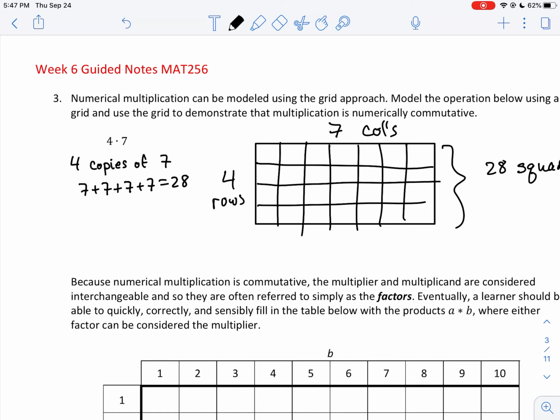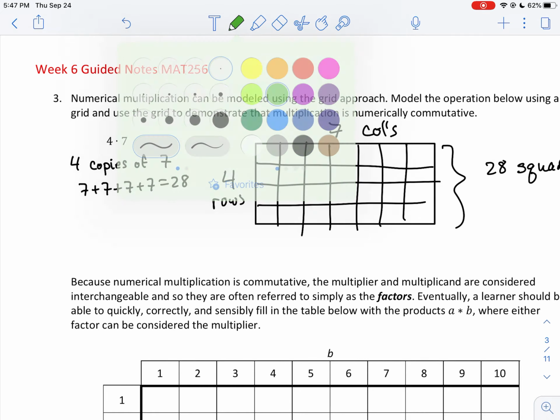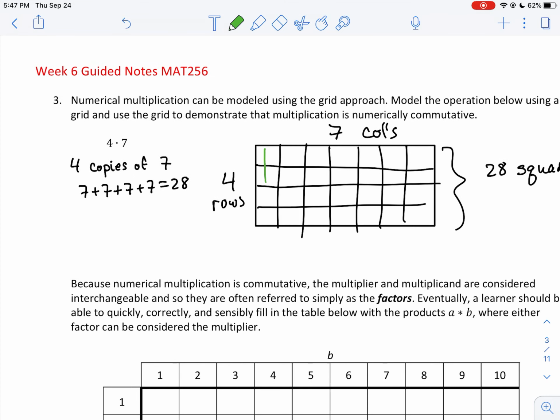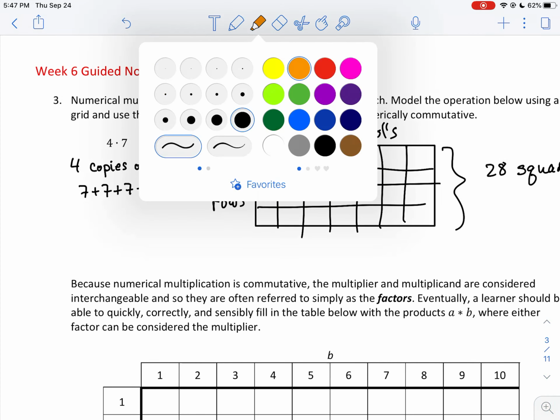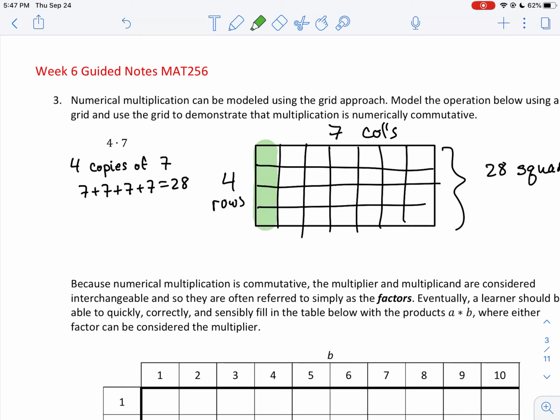But if you look at the table as far as counting columns, here's 1 copy of 4, 2 copies of 4, 3 copies of 4, 4 copies of 4, 5 copies, 6 copies, 7 copies of 4 will also yield the same amount.